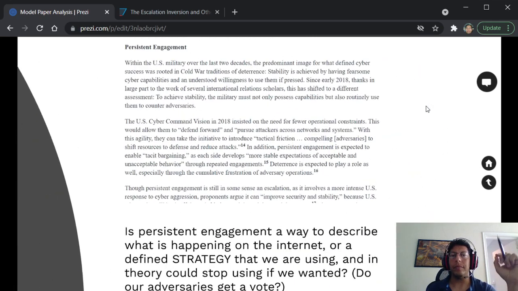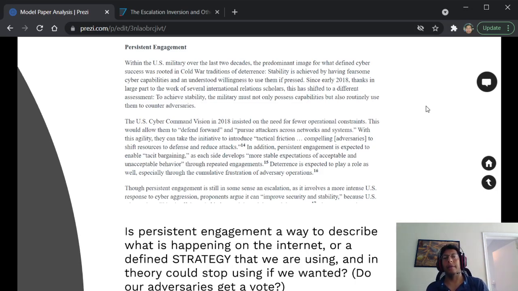So, one thing I've noticed is the United States in particular, but also Europeans and probably others, is having a hard time understanding persistent engagement as it comes out. And you have a lot of different voices coming out from the United States, which confuses everybody else too, right?